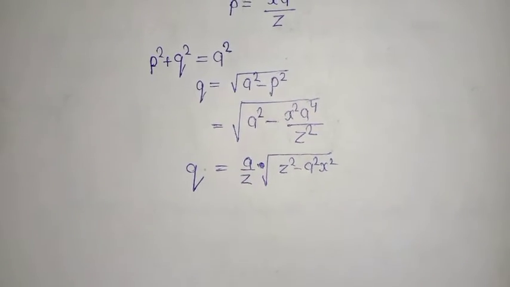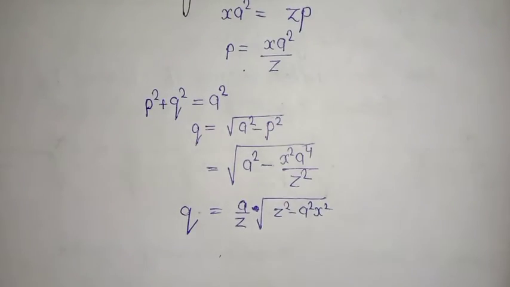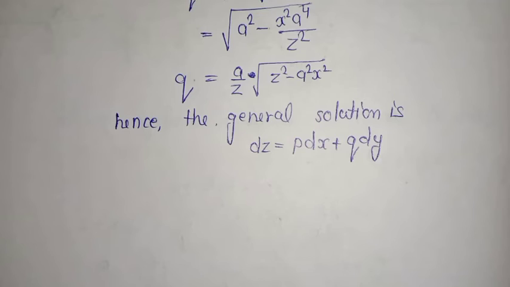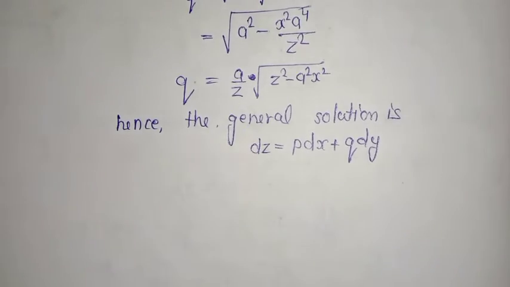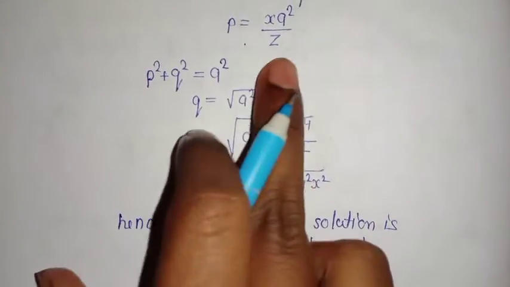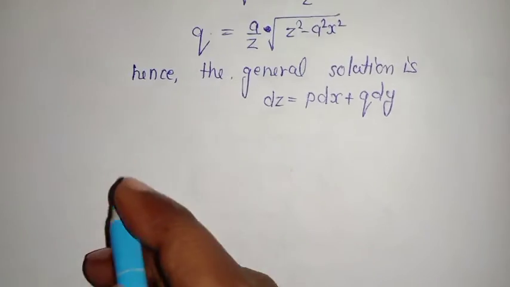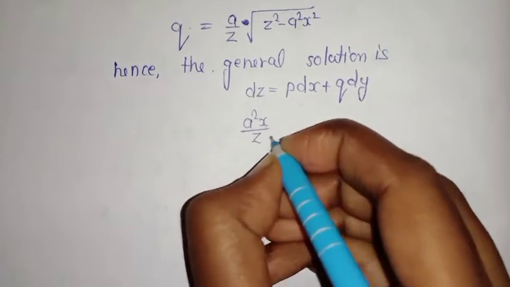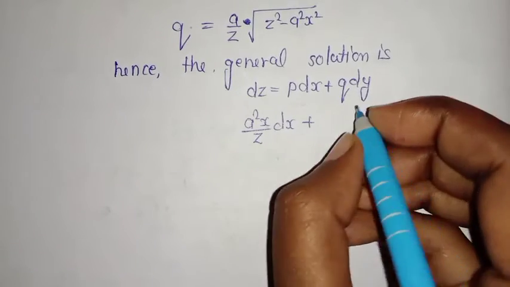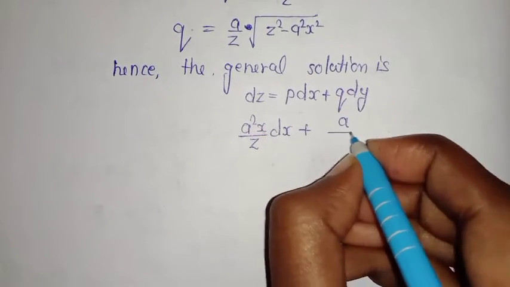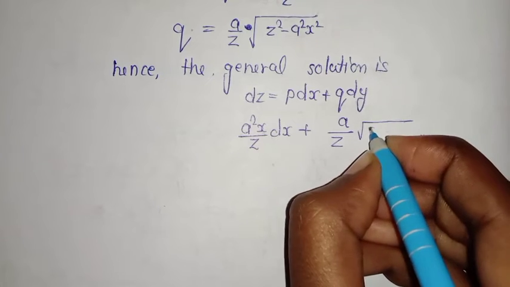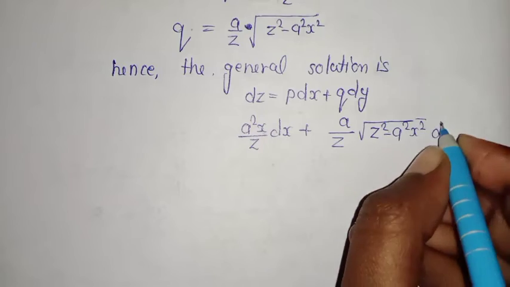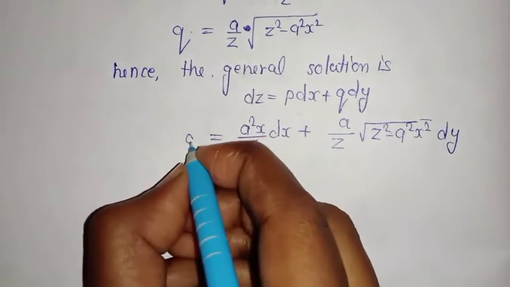Now we have the value of p and q, so we can write the general solution for this equation. So the general solution is dz is equal to p dx plus q dy. Now we'll put the value of p and q here. Then this equation becomes a square x by z into dx plus the value of q, which was a by z root of z square minus a square x square, into dy, and that is equal to dz.